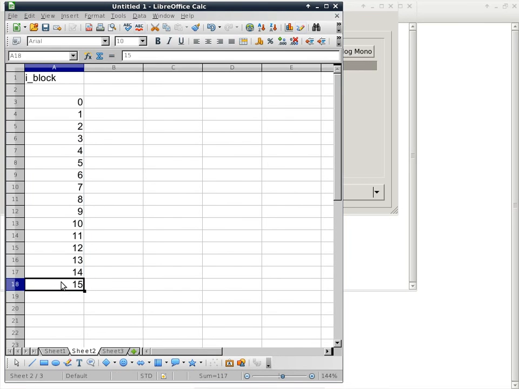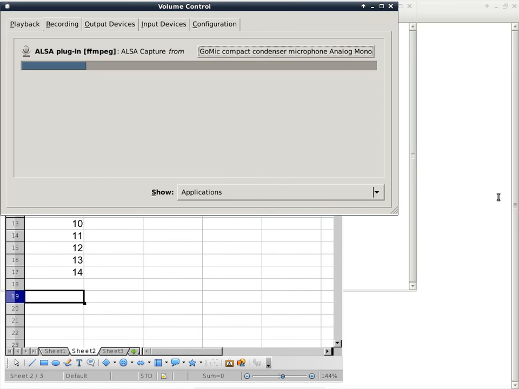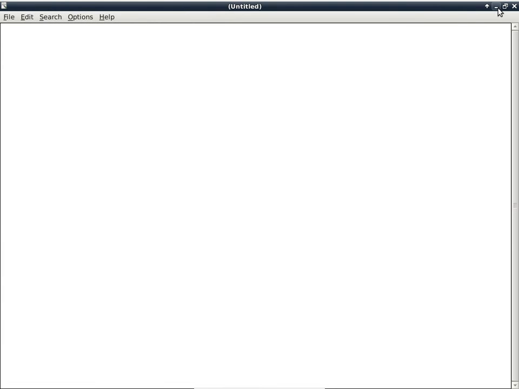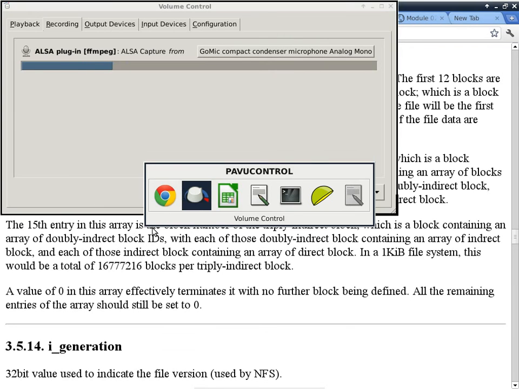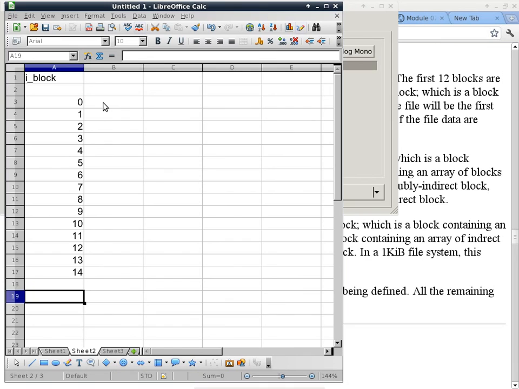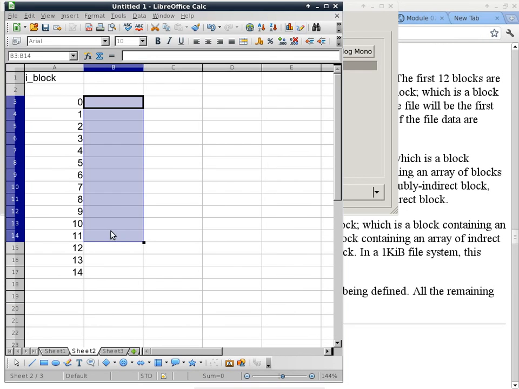Oh, there are 15 entries, so there's only index up to 14. Okay. Each one is a 32-bit block number, but the role of the 32-bit block number is different depending on which entry we are looking at. The first 12 blocks are what we call direct blocks.